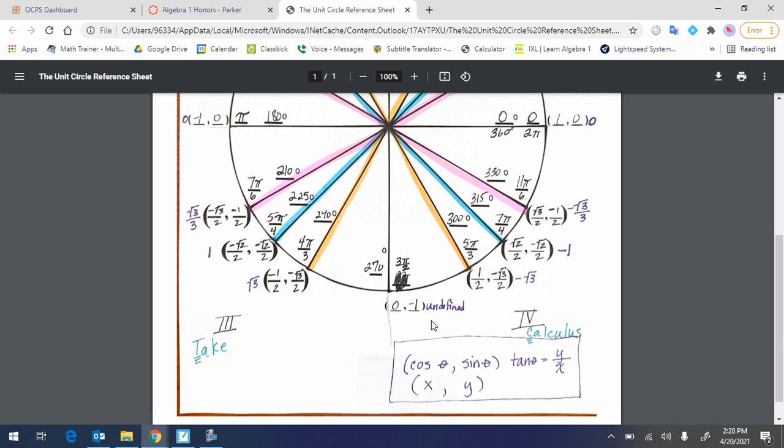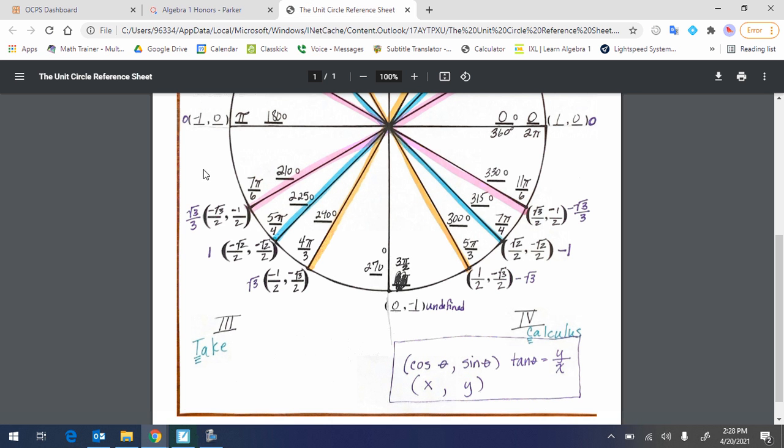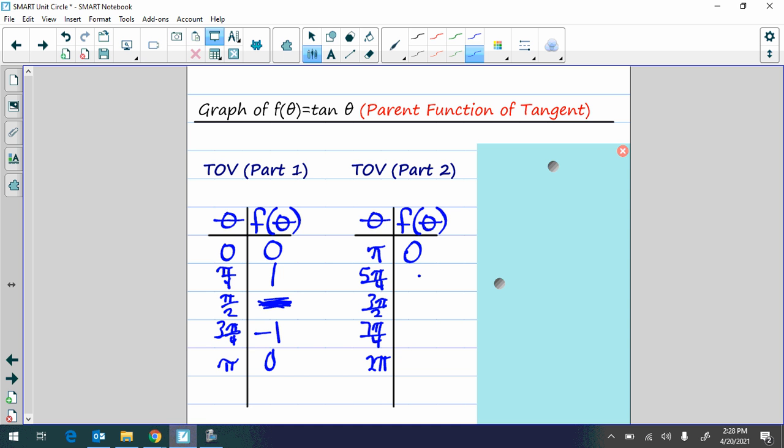Then at 3 pi over 2, it's undefined. Then it's -1, and then it's 0. I am going to go 1, undefined, -1, 0. Oh, look at that. That's the same.